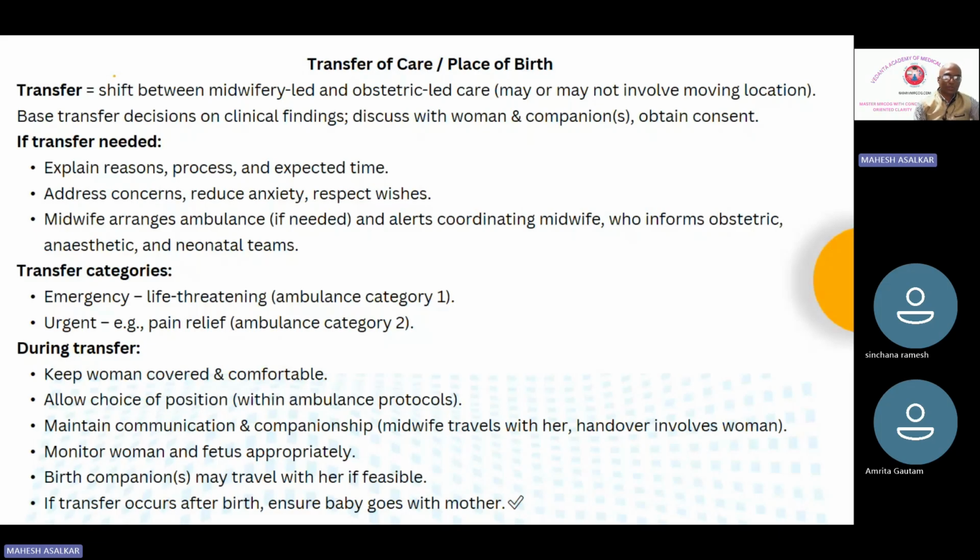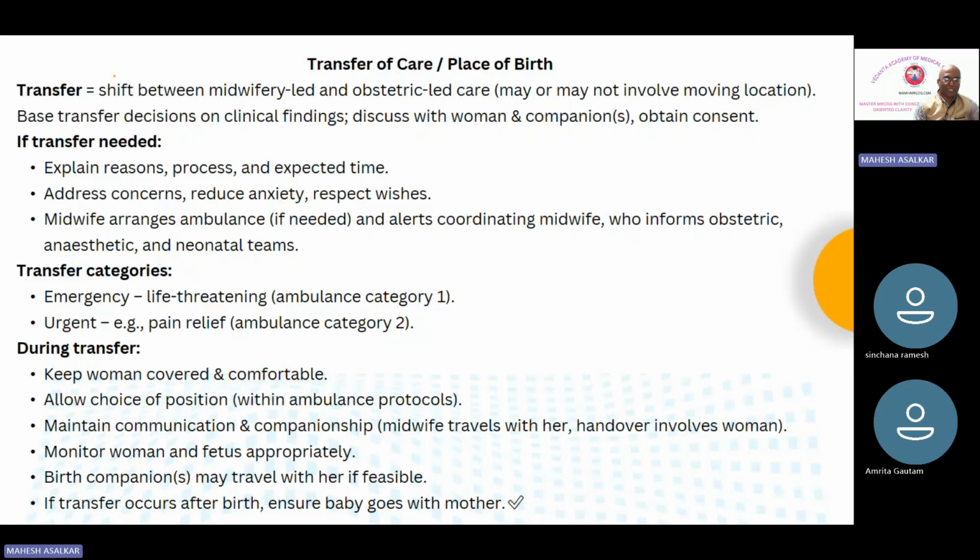Transfer categories: there are two transfer categories. One is emergency and another is urgent transfer. Emergency is a life-threatening situation, with an ambulance category 1 call. Then you have urgent, in which, suppose the patient is being shifted for pain relief, and that ambulance call is category 2. Then during transfer, keep the woman covered and comfortable, allow choice of position as per the ambulance protocol, maintain communication and companionship.